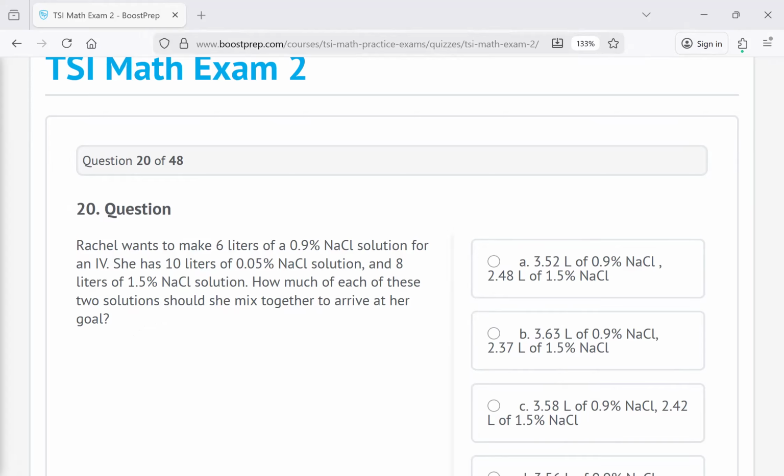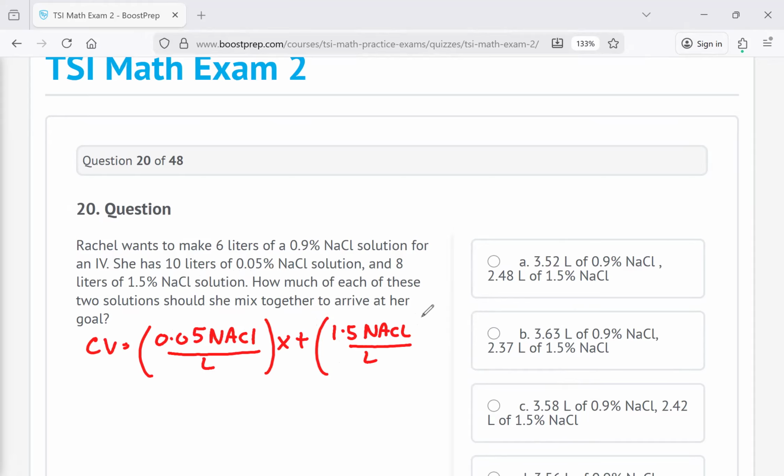So we could say CV equals 0.05 of NaCl per liter times X plus 1.5 NaCl per liter times Y.